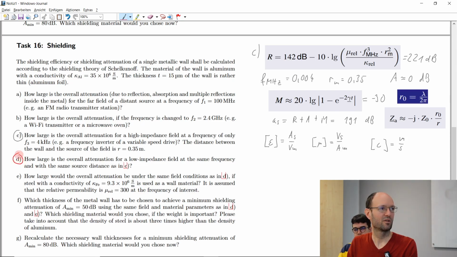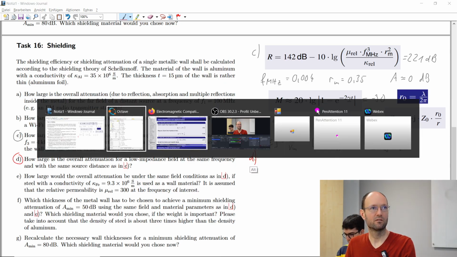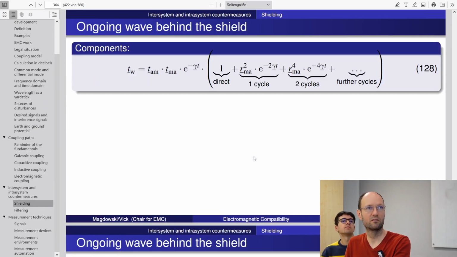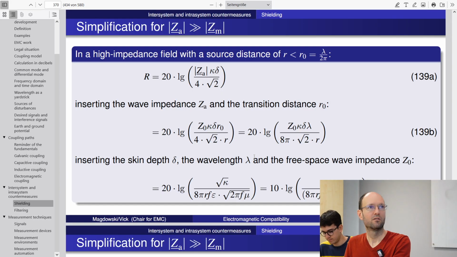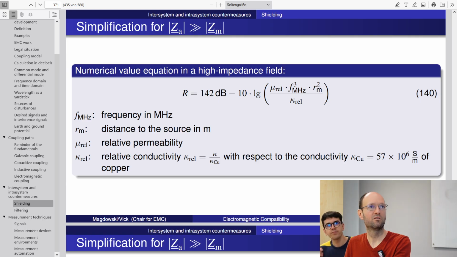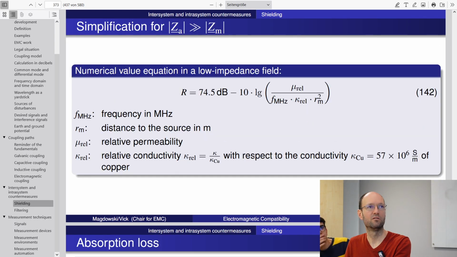For subtask D, how large is the overall attenuation for a low impedance field at the same frequency and with the same source distance, but now it's not an electric dipole that we assume as a source, it's a magnetic dipole. So we have a low impedance field. So in task D, we need to take the formula. This was the high impedance field, this is the low impedance field.